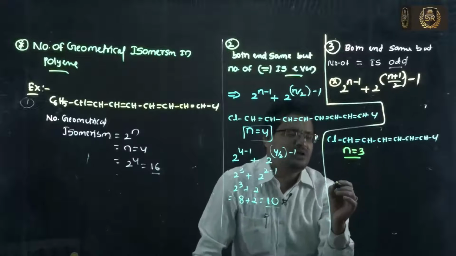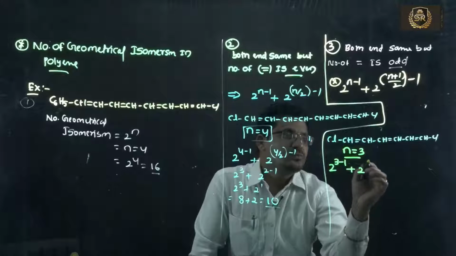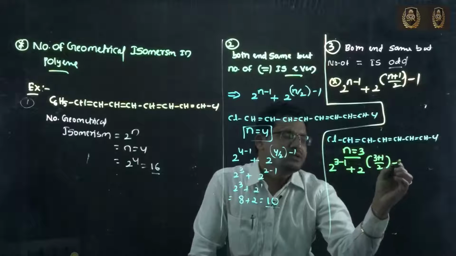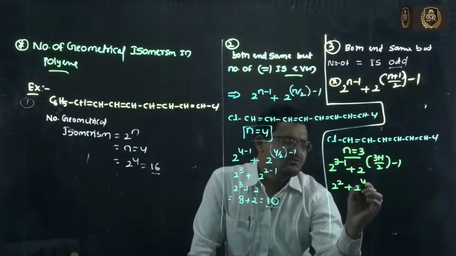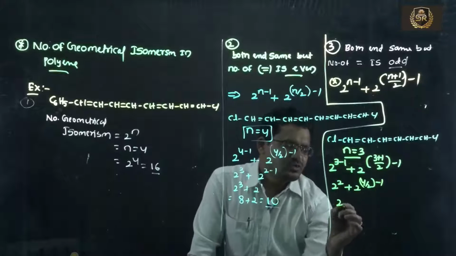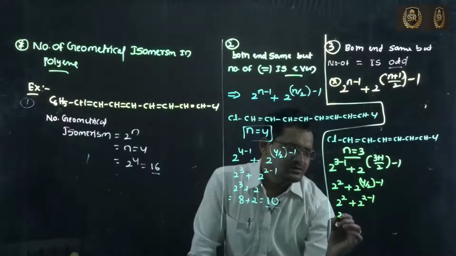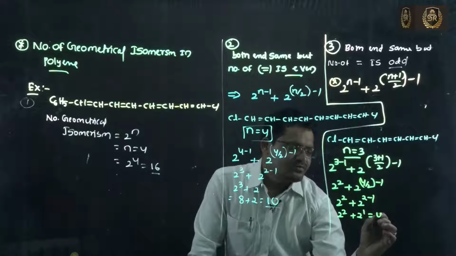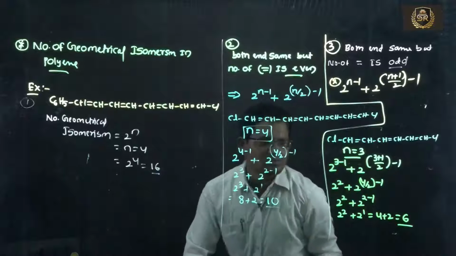You have to use the formula 2 power 3 minus 1 plus 2 power 3 plus 1 by 2 minus 1, which is 2 power 2 plus 2 power 1. So 4 plus 2 equal to 6.